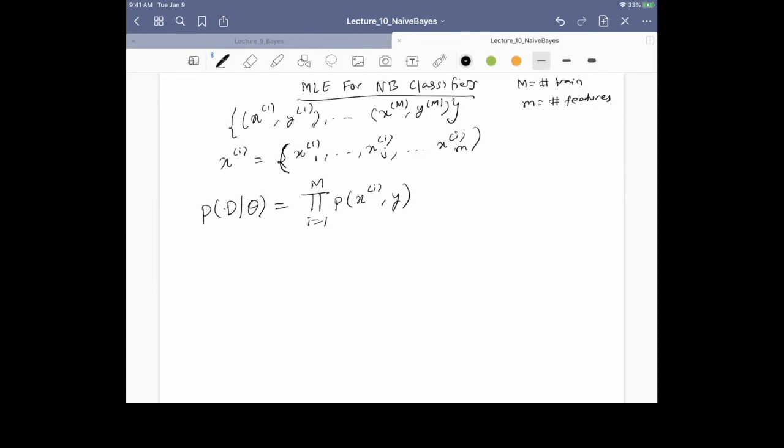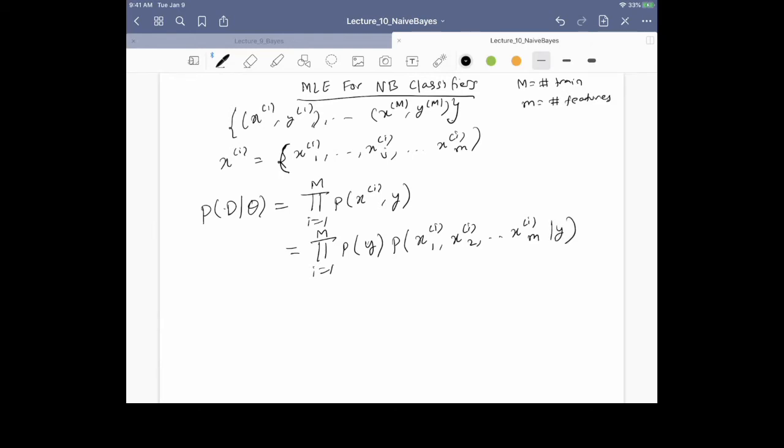And this is nothing but the product over i of P of y multiplied by P of xi1, xi2, until xim given y.